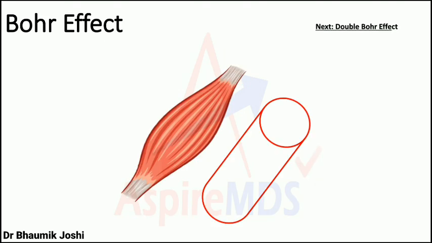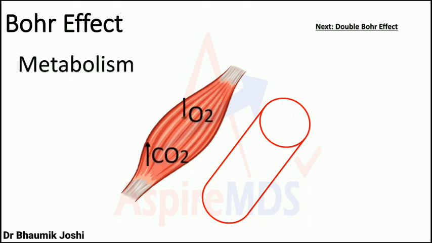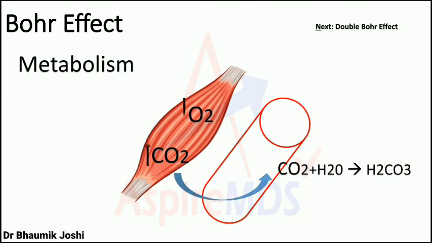So what happens is, in our tissue during metabolism, the presence of carbon dioxide will increase and oxygen will decrease. And because the carbon dioxide is more in tissue, with help of osmosis, this carbon dioxide will enter the blood. Now in blood there is presence of water as well, which will mix with carbon dioxide to form H2CO3, which we know is carbonic acid.